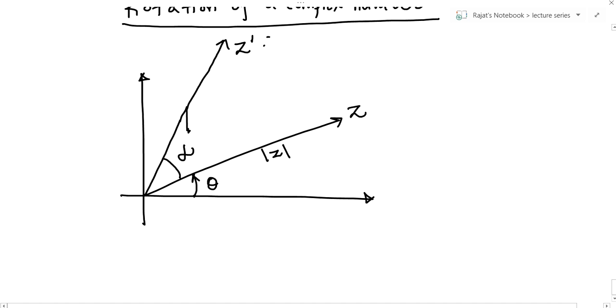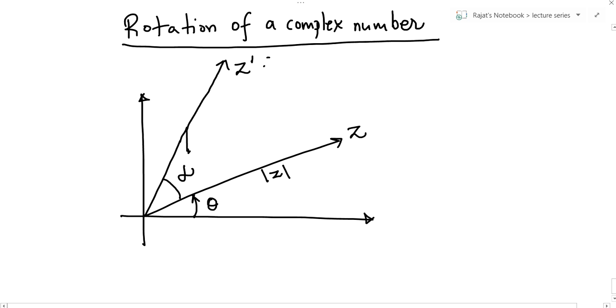Obviously if the length of z is mod z, then the length of z dash should also be mod z, because I'm just rotating the complex number. I am not increasing or decreasing the length, so the length will remain the same, mod z.